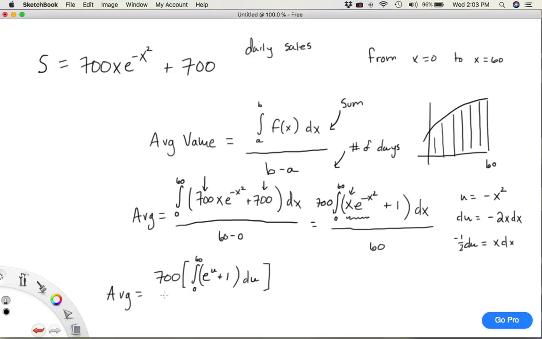I don't know why I added some extra brackets there. Thought we were going to need them, but we don't, so ignore that. Sorry.